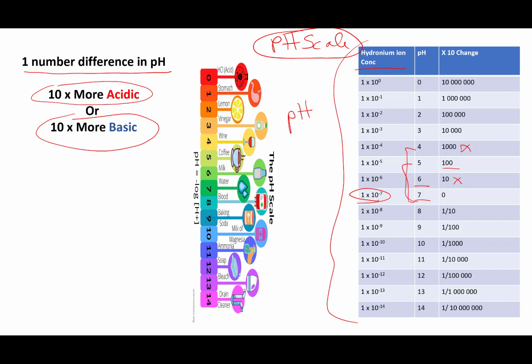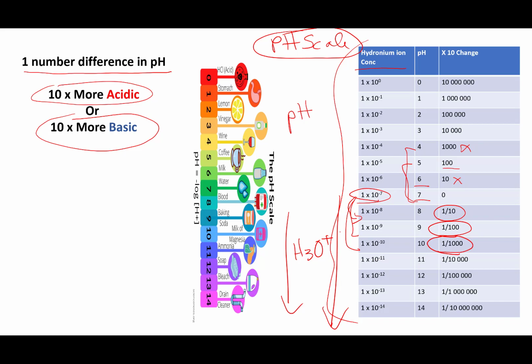If you go to a basic pH, these higher numbers are a basic pH. You go from a 7 to an 8, it's going to be 1/10 the number of hydroniums. If you go from a 7 to a 9, 1/100th the number of hydroniums. 7 to a 10, 1/1000th the number of hydroniums. So the larger number equals a smaller hydronium ion concentration.